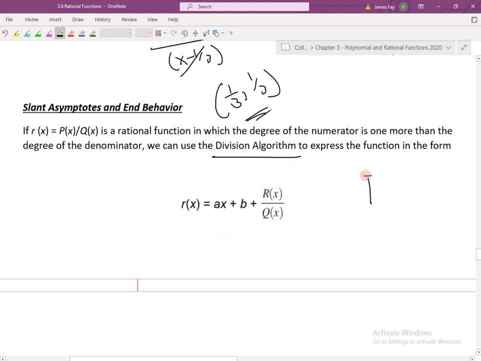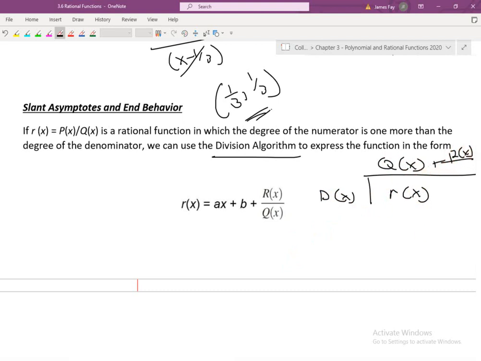We put r of x in here, and we put the divisor out here, and it's going to give us the quotient there, right? Does that make sense? And we'll have our remainder divided by the divisor.